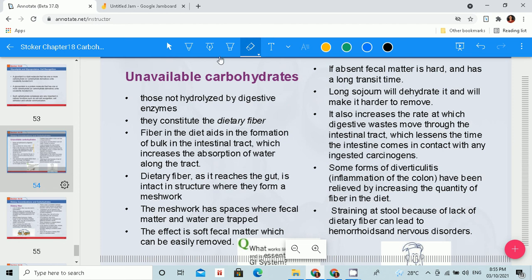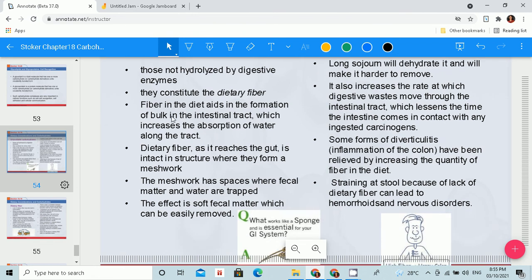It acts as a net in our intestinal tract, and by that it nets the toxins and other watery substances in our tract. So dietary fiber, as it reaches the gut with its intact structure, forms a meshwork.